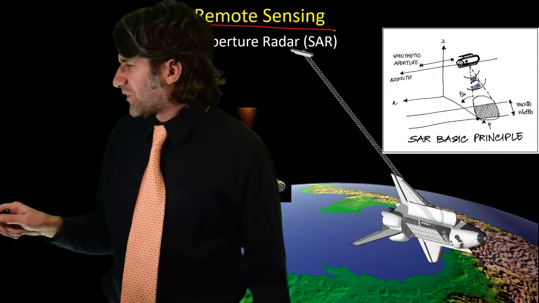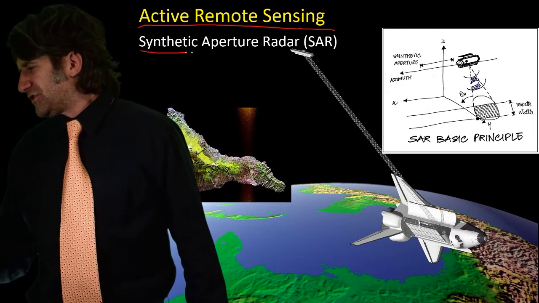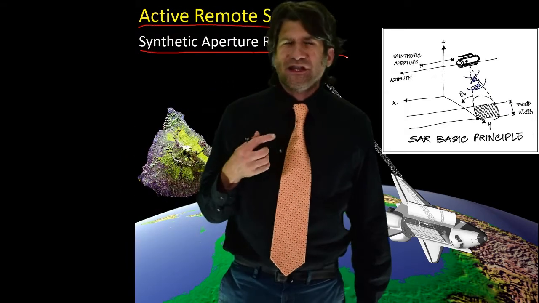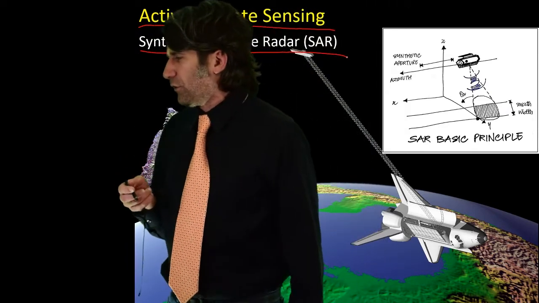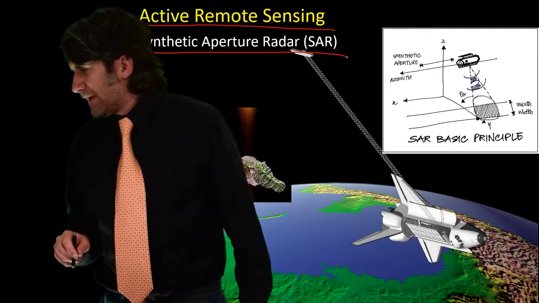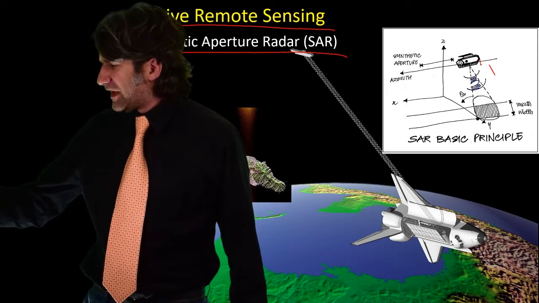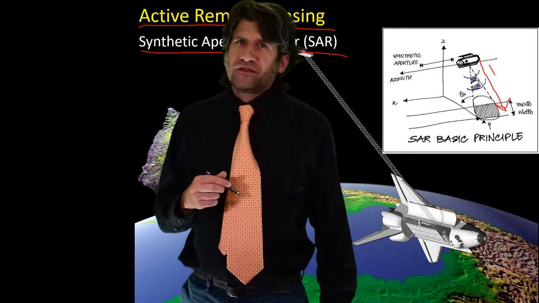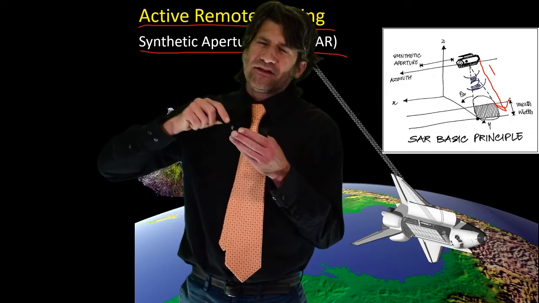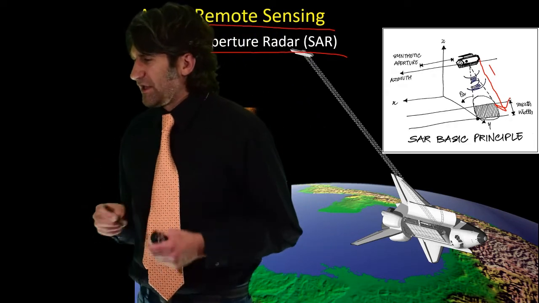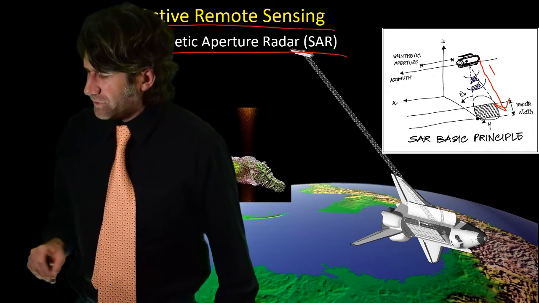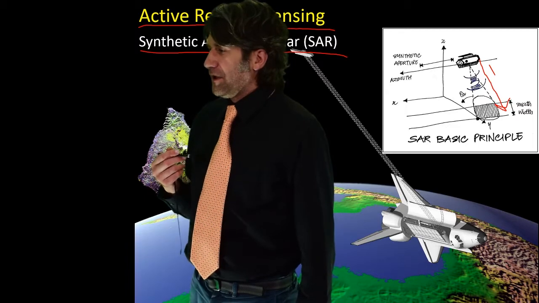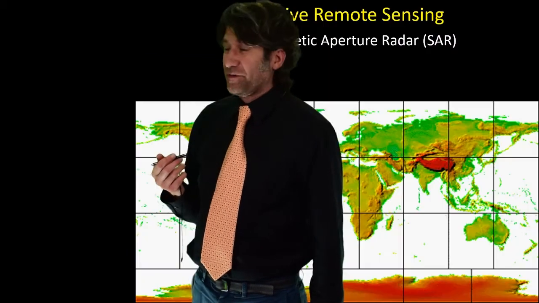So our first active remote sensing system I want to mention is SAR, synthetic aperture radar. This is generally mounted to an airplane or a satellite, or in this case, the shuttle. How SAR works is it beams down radio waves, and we collect the timing of how long it takes for those waves to be reflected, and we can calculate elevation very accurately using SAR systems, with modern systems down to tens of centimeters.